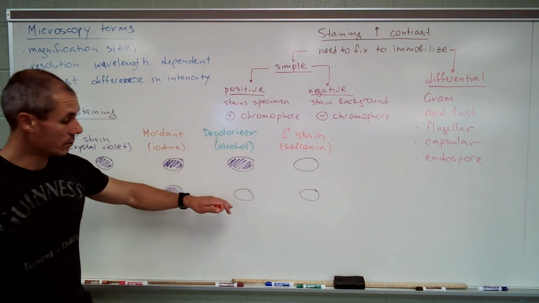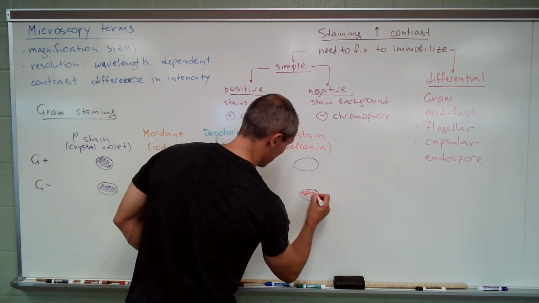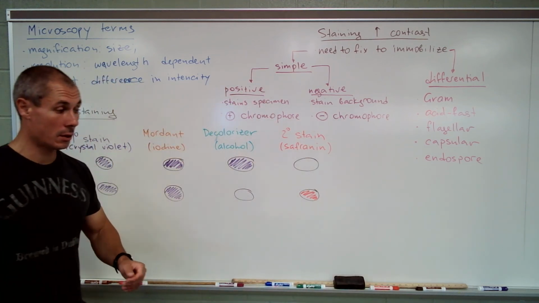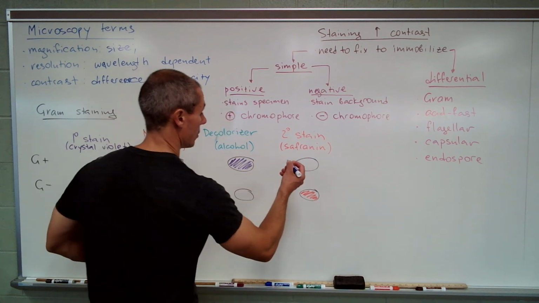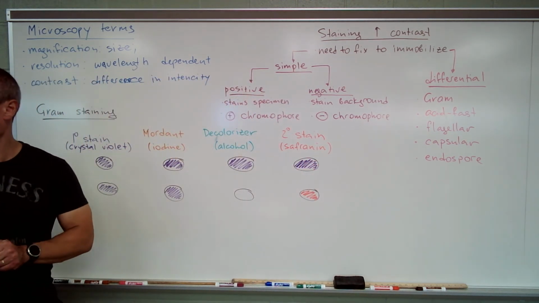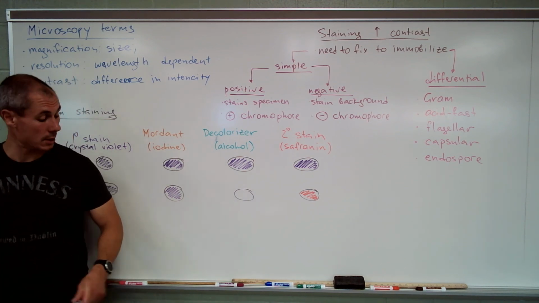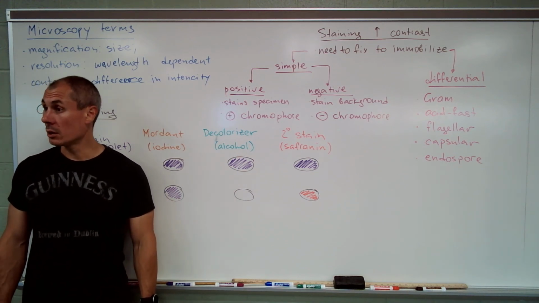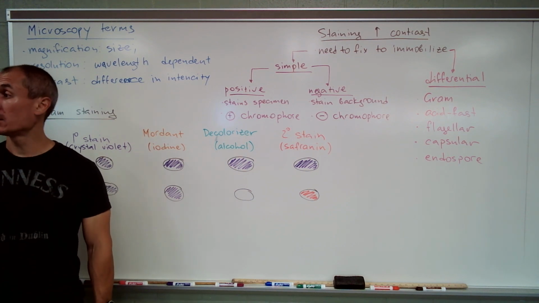Safranin stains gram-negatives red, and gram-positives, due to the really intense color, remain violet. So at the end of the day, you can have a mixed sample of gram-positive and gram-negative microorganisms, and you can clearly see that your sample contains them both. Does that make sense to you?